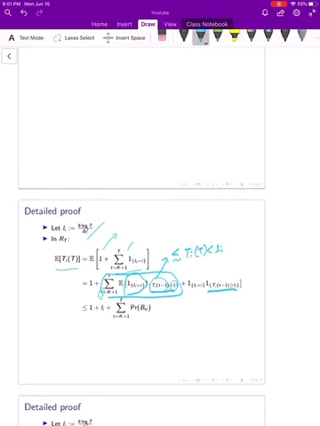For a more clearer argument, this just follows by pigeonhole principle. So maybe I'll include it at the end of the video. Let's see.